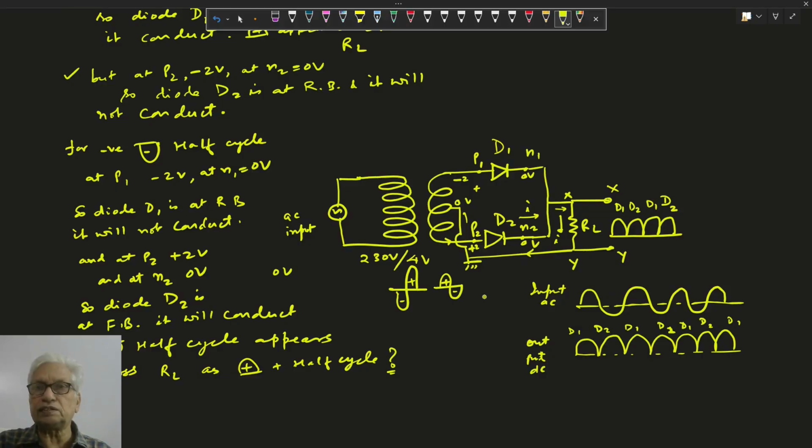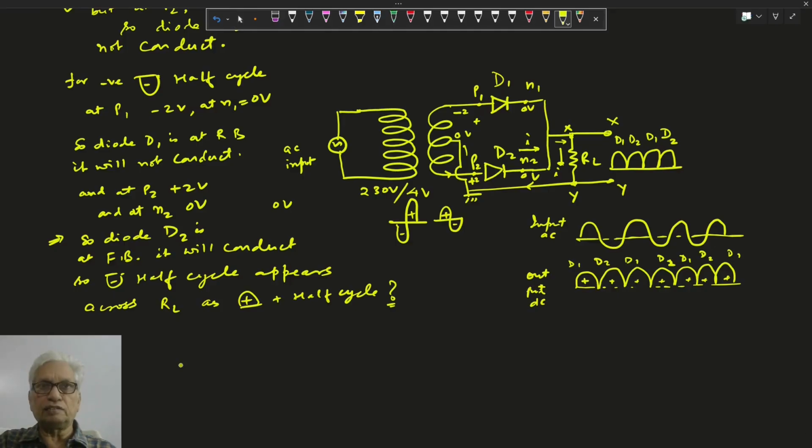That's why it is DC, not AC. So for the full wave rectifier, the full wave is rectified, converting into DC. For the positive half cycle, D1 is operating and we get the output. For D2 also we get the output, but the direction of current is the same, not changing at all. So DC, not AC. This way we get DC output, full wave rectified.